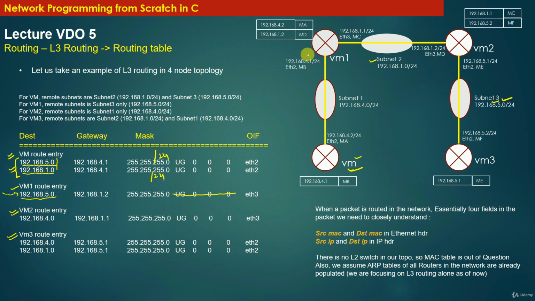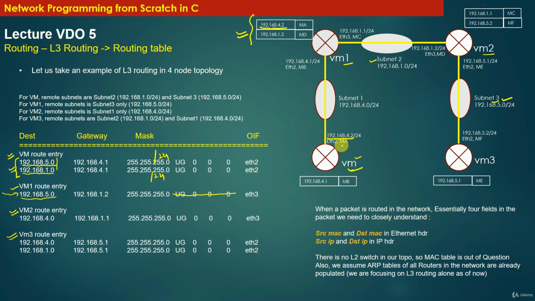Now you can see that for router VM1 we have an ARP table, for example. Router VM1 has two neighbors, that is router VM2 and router VM. You can see that the router VM1 has a neighbor IP address 192.168.4.2, which is the IP address of the opposite end of this link.